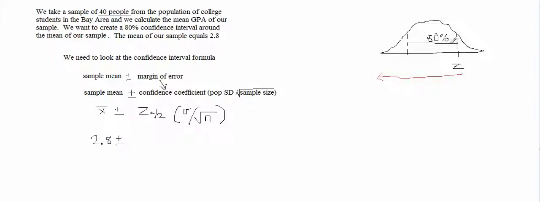What you have to do is, if I tell you it's an 80% confidence interval, create a curve like this, mark off the middle 80%, and then subtract 100 minus 80, and you get 20.